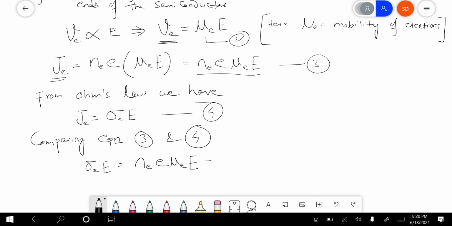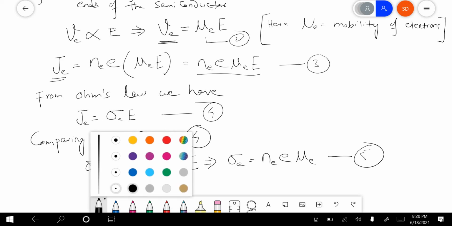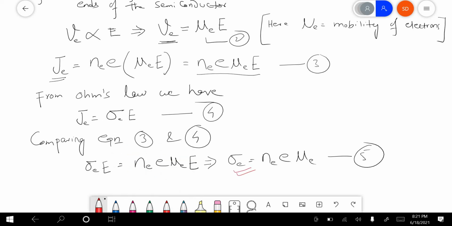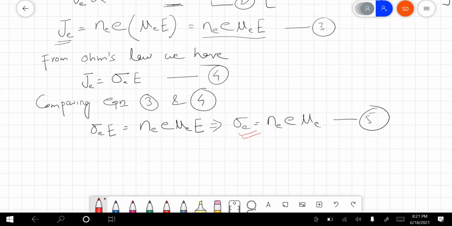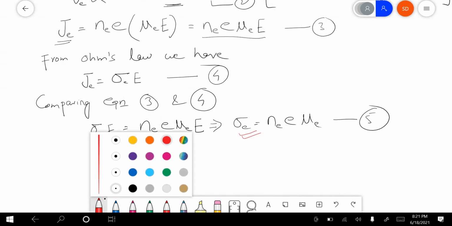So this gives sigma equal to Ne e mu e. This is equation number 5. So we have calculated the conductivity for electrons. Now similarly we can write for holes.